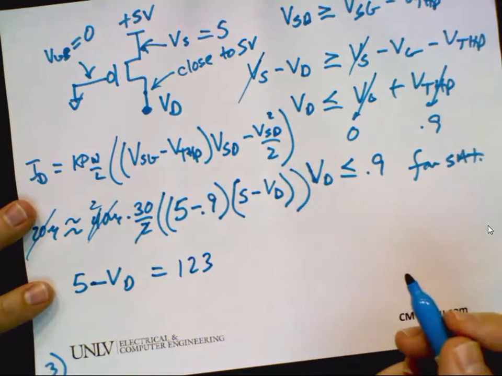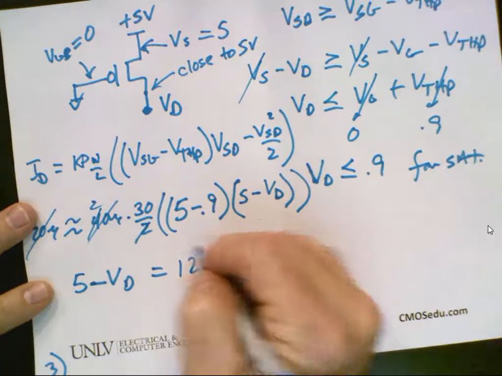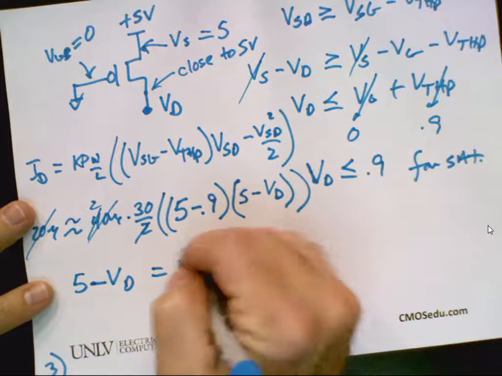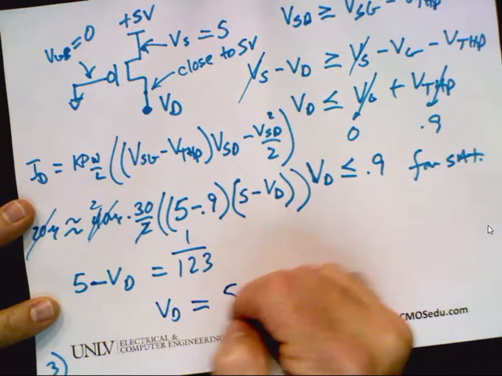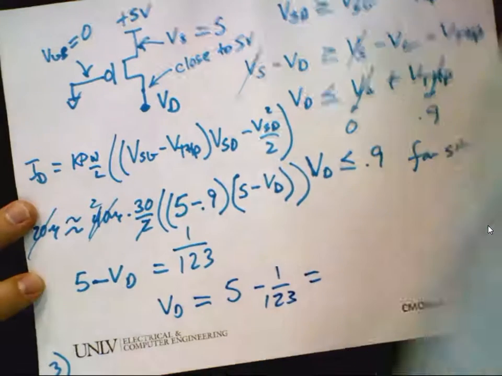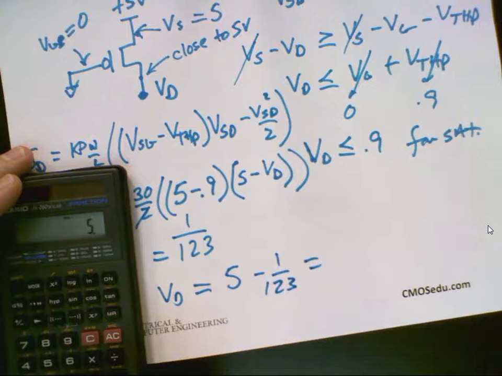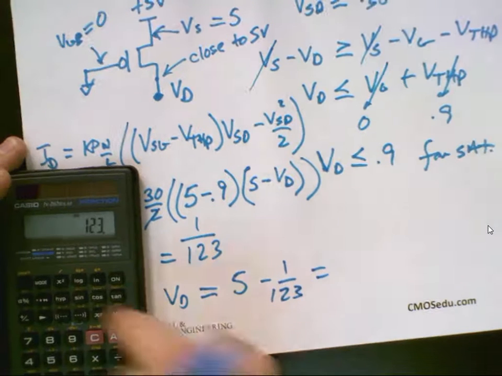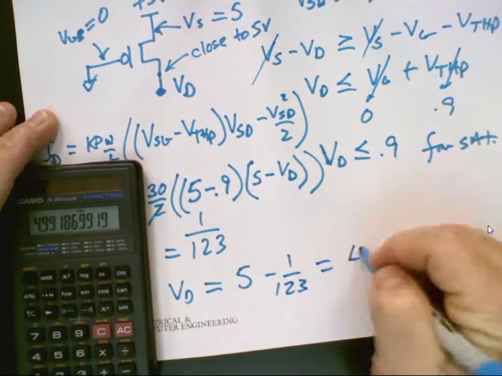Yay or nay? Okay, and so then I've got an issue here. Oh, it's 1 over that. And so then V drain is equal to 5 minus 1 over 123. Let's see what we got. So 5 minus 1 over 123 equals 4.99 volts.